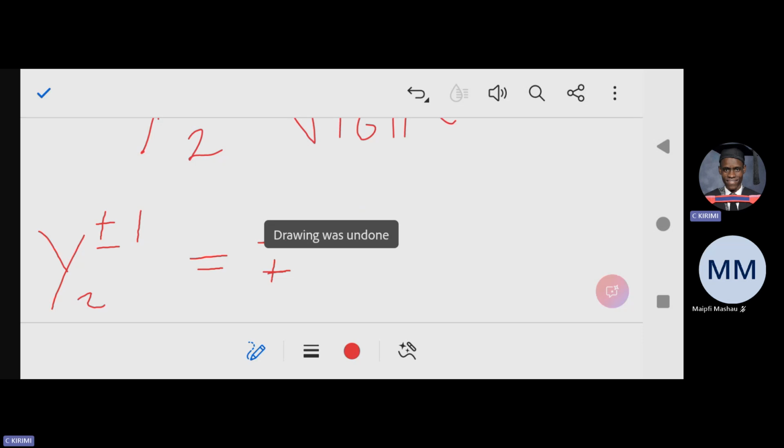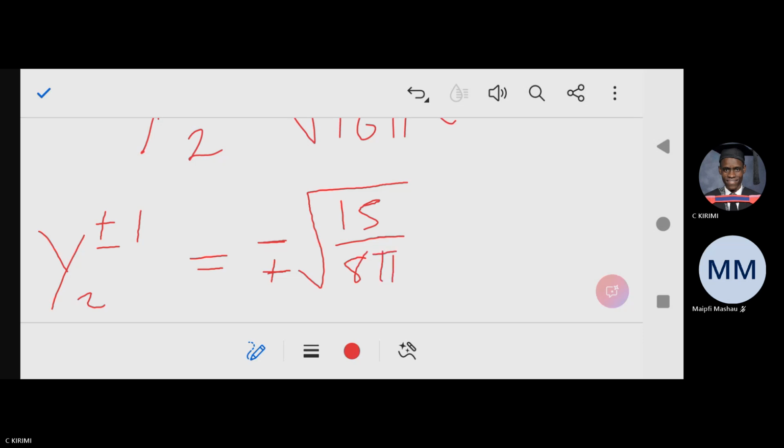Positive, negative, and then it will be square root of 15 over 8 pi multiplied by sine theta cos theta, then multiplied by e to the power of i phi. We check the sign: if it was positive on this side, it will be positive. So it will be i multiplied by phi.